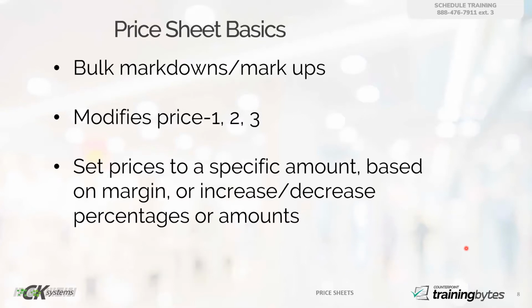You can set prices to be a specific amount, which is not that practical. You can base your markdown or markup on margin, but that's not practical if you're not realistic about your margin categories. So something that's a little more practical that most people will use in a price sheet is to either increase or decrease by percentages or amounts. And we'll take a look at all of that today.